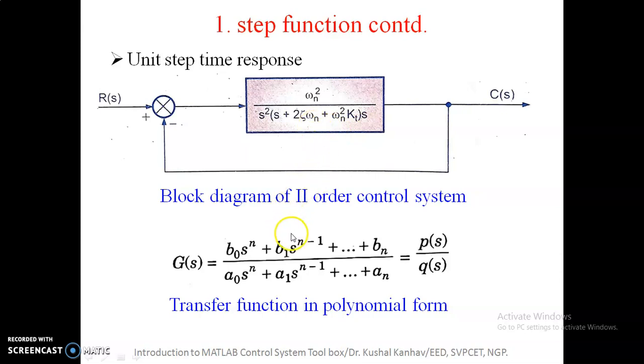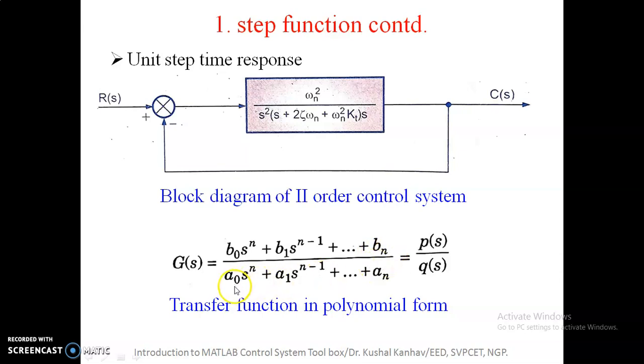Now any system, any transfer function can be represented in the polynomial form. If g of s is the transfer function of any system, then it can be represented as p of s upon q of s, where p of s and q of s are polynomial functions. In the numerator you can see b naught s to the power n plus b1 s to the power n minus 1 plus and so on up to bn.